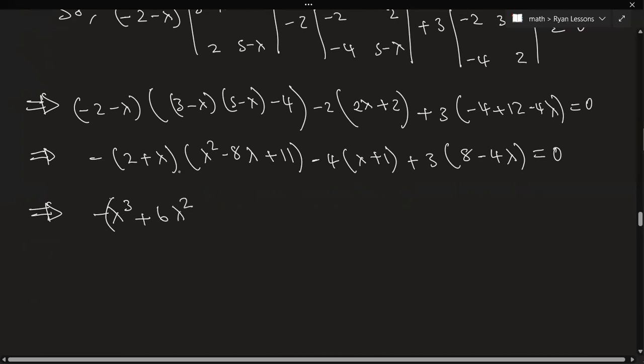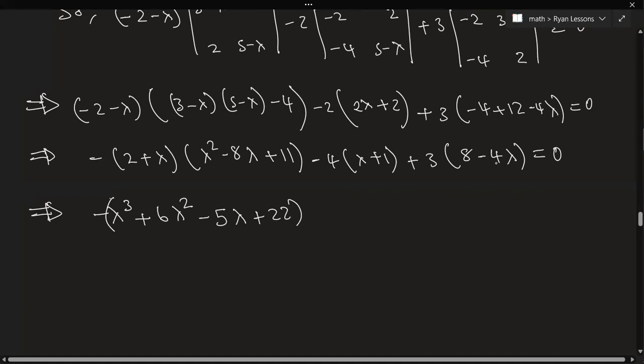Then I have 11 lambda minus 16 lambda. So 11 minus 16 is minus 5. Then plus 22. Then minus what?